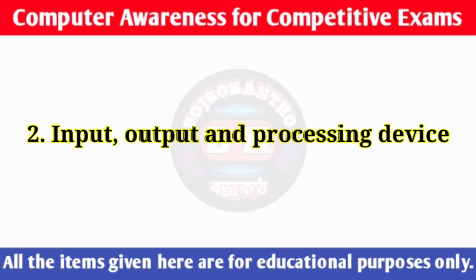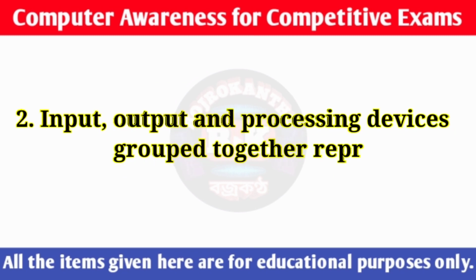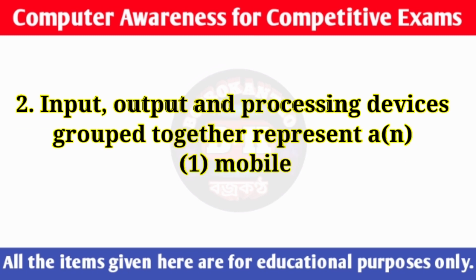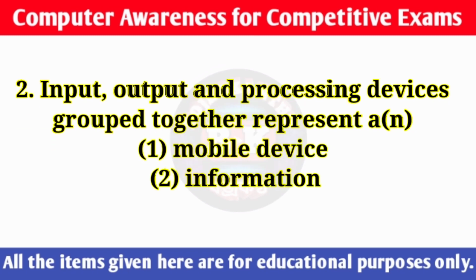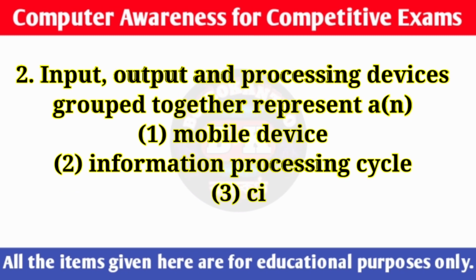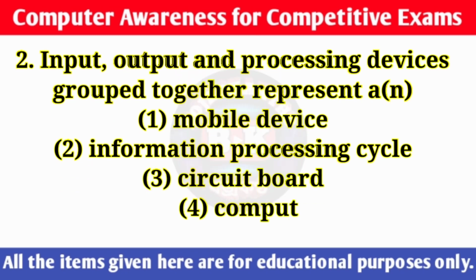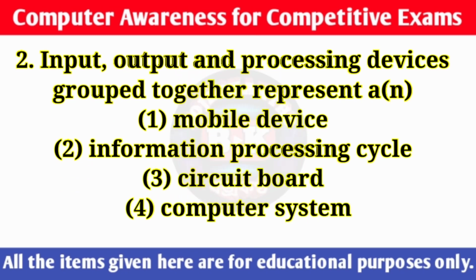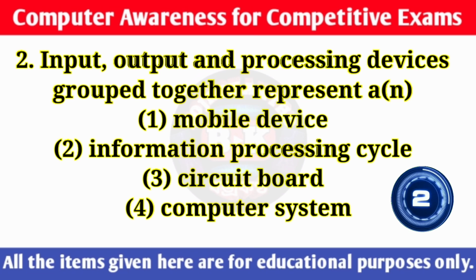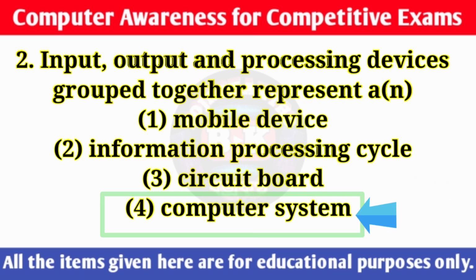Input, output and processing devices grouped together represent a. Option number 1 mobile device, option number 2 information processing cycle, option number 3 circuit board and option number 4 computer system. The correct answer is option number 4 computer system.